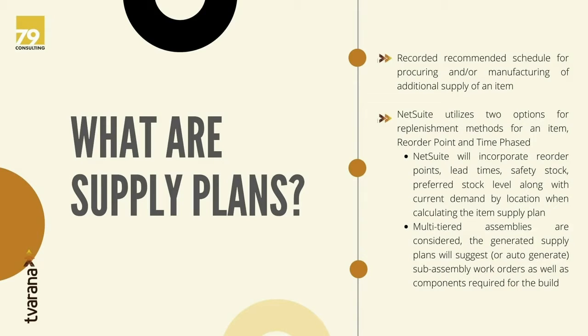NetSuite will incorporate reorder points, lead times, safety stock, preferred stock levels, along with current demand by location when calculating the item supply plan. NetSuite also considers multi-tiered assemblies, where the generated supply plans will suggest, or by option auto-generate, sub-assembly work orders, as well as components required for the build.